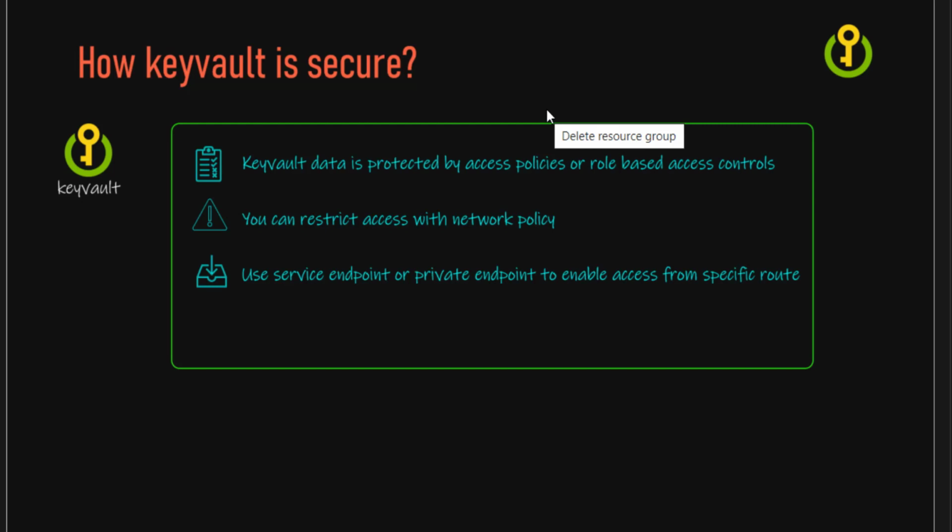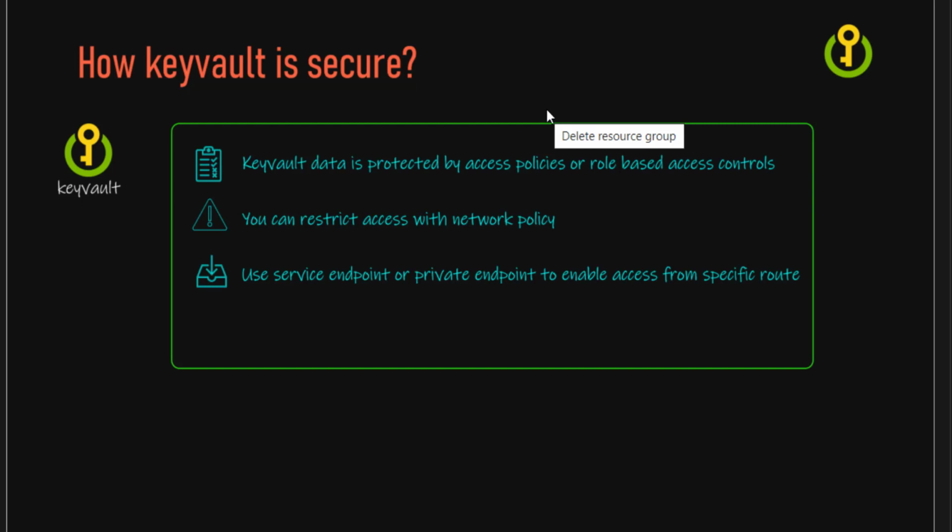At last, you can also apply a network level restriction with the help of features like service endpoint or private endpoint to enable access from the specific route which you might have defined to fetch your data from the Keyvault.